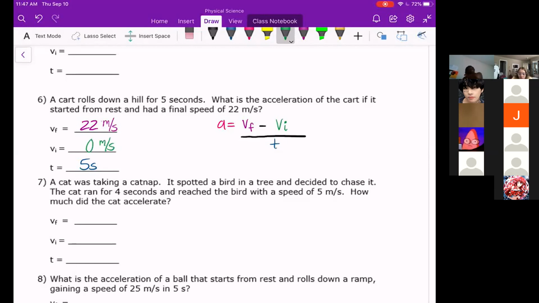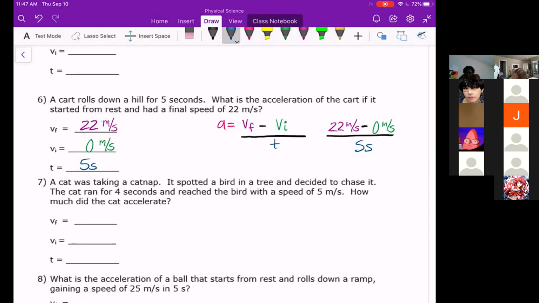All right. So now we're just going to plug in the numbers. We got 22 meters per second minus 0 meters per second divided by 5 seconds. All right. 22 minus 0 is just 22.